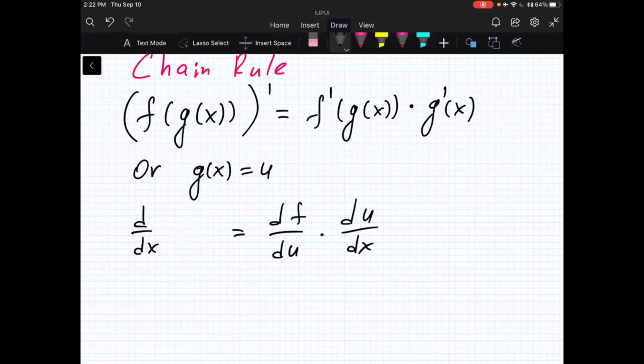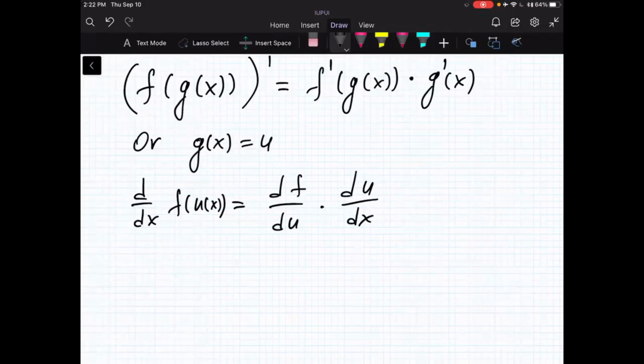So you know that f of u, which is also a function of x, then it's the derivative of f with respect to u times the derivative of u with respect to x. And that's one of the reasons why you call it a chain rule, because you see it connects here. So in some sense you want to cancel it, and that's what you will get, df over dx.